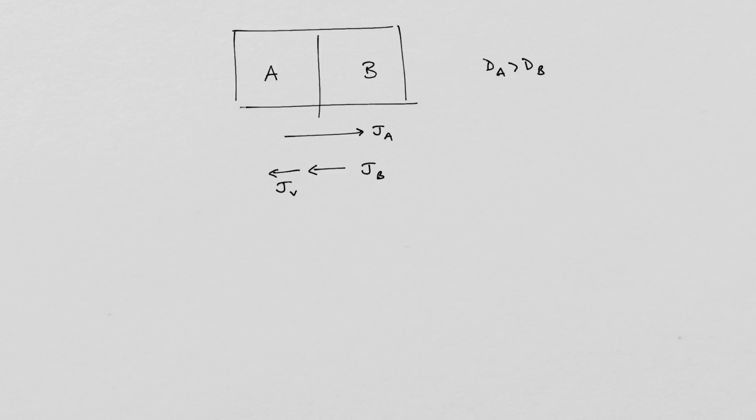The other thing is we're going to need some sources or sinks of vacancies. We're going to need some places where vacancies can be created on the right-hand side and destroyed on the left-hand side. Otherwise, as you say, leave it for long enough and you'll fill up all the vacancy sites on the left and there'd be none left on the right.